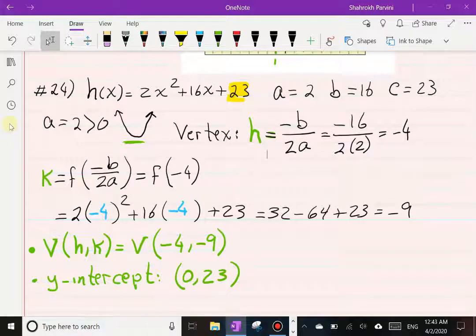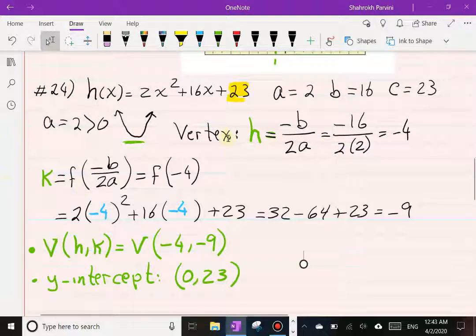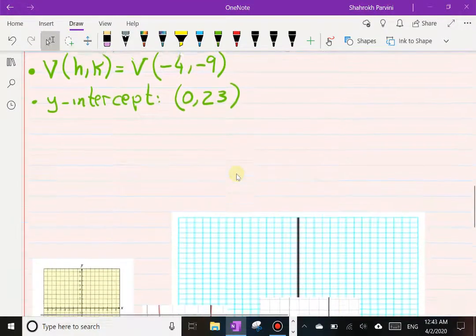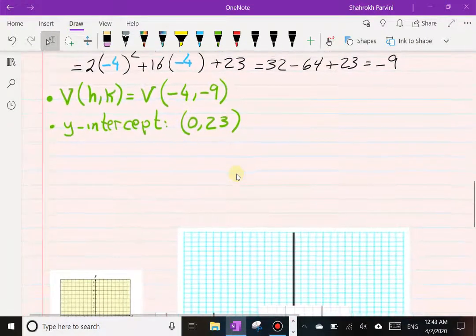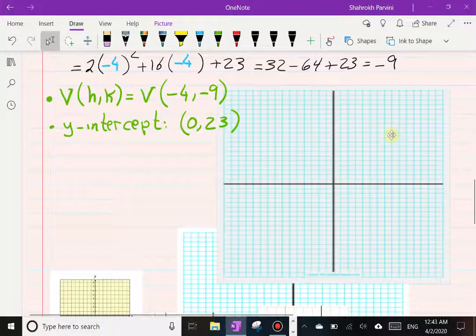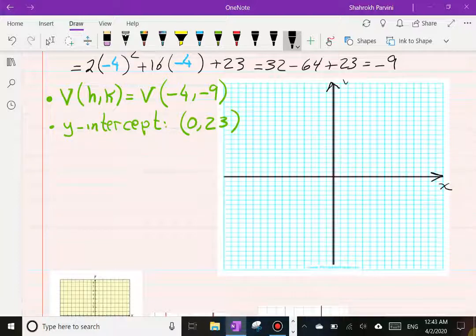Our third point we're going to get by reflection. We're going to reflect about the axis of symmetry. Let me bring this one up. Of course, I have the Desmos graph that looks much better than the one I drew by hand, but let me just annotate this. This would be our x, and here is our y-axis.